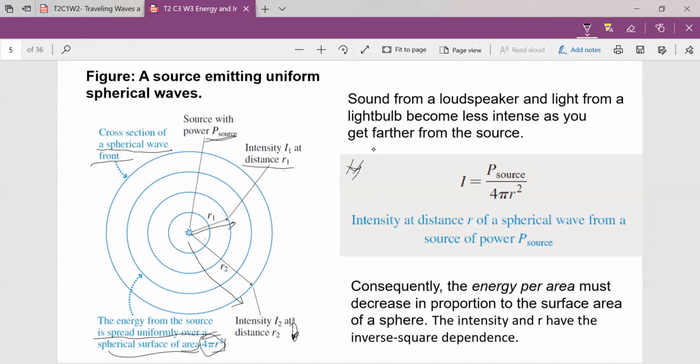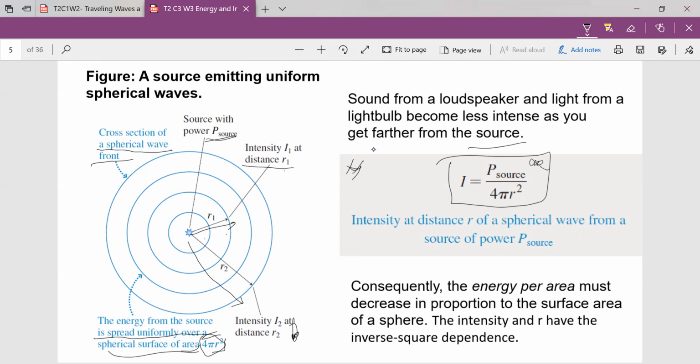For example, the sound from a speaker, which is a typical example of a spherical wave form, or the light from your light bulb, becomes less intense as you get farther from the source. The intensity is given as power over area.